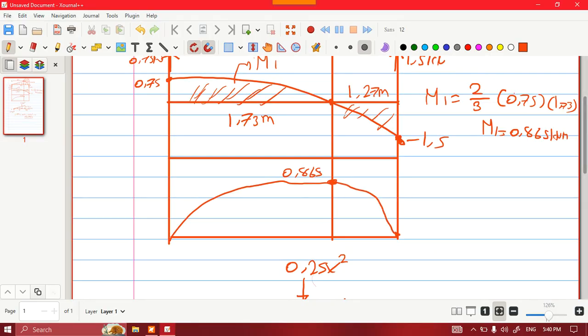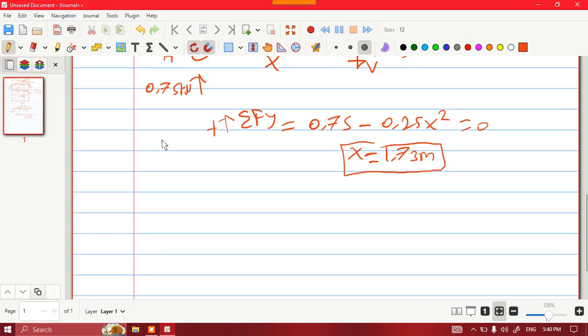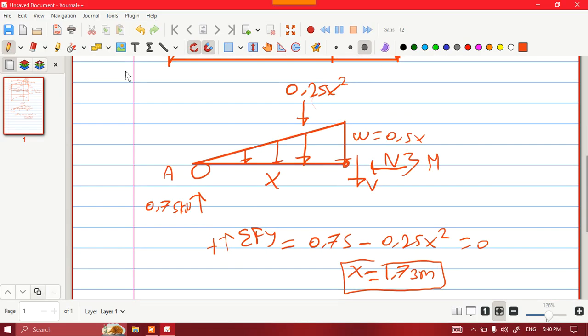Okay, this is the moment max, and in order to find the moment max using the function, it's very easy. You have to take a moment function. We have here moment, I'm going to call it moment not.